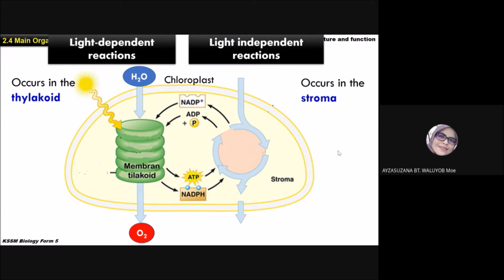Okay. Occurs in stroma. So, di sini dia nak show the light dependent reaction occurs in the thylakoid and form oxygen as a product. In the light independent reaction occurs in the stroma and form sugar or glucose as the product.